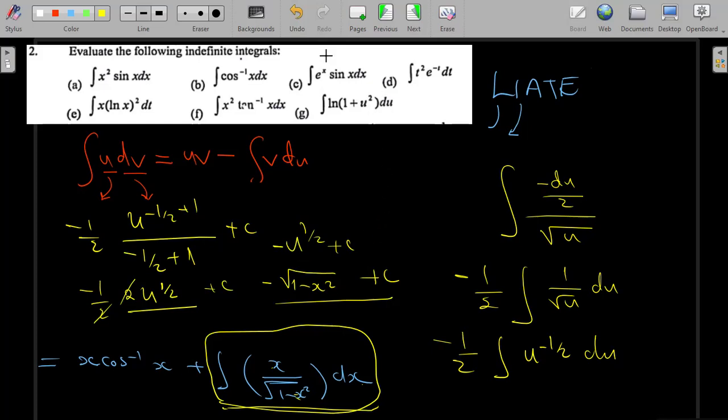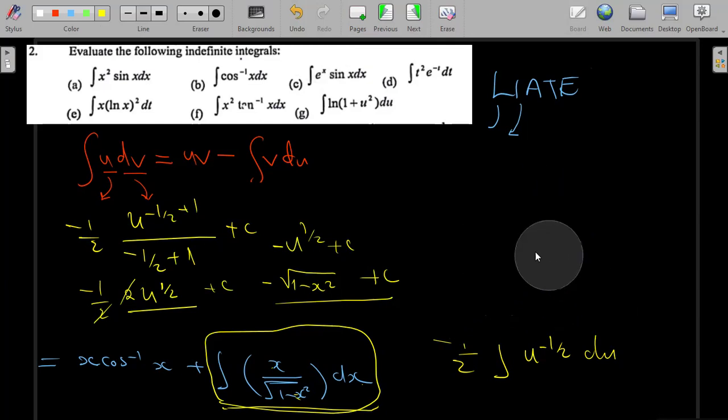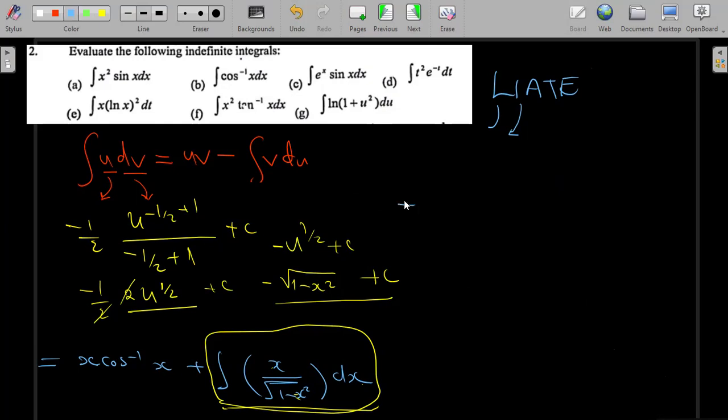If I erase this part and finish up that answer, it means this is going to be equal to x cos inverse of x, minus root of 1 minus x squared, plus c. So this is what I get when I integrate.